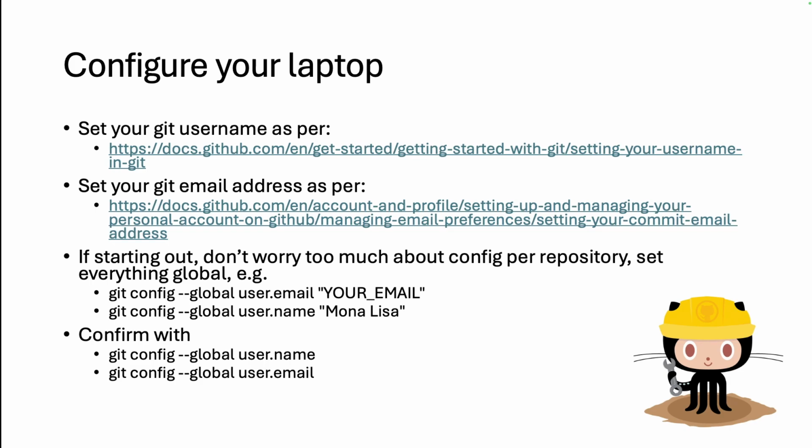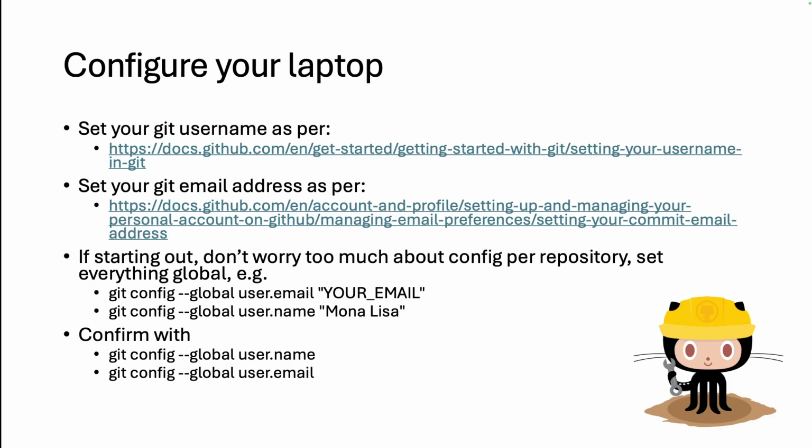Set up your email address as well. And if you're starting out, don't worry too much about the config per repository, which you'll see in this documentation. And if you don't want to do any of that at all, just copy those lines I have in front of you here.